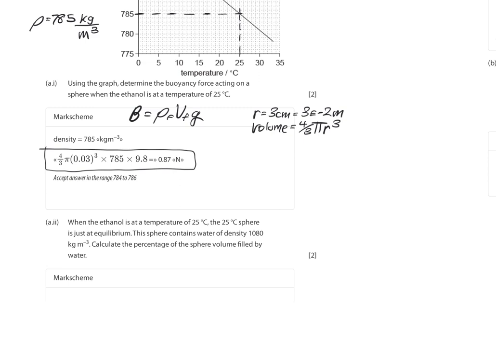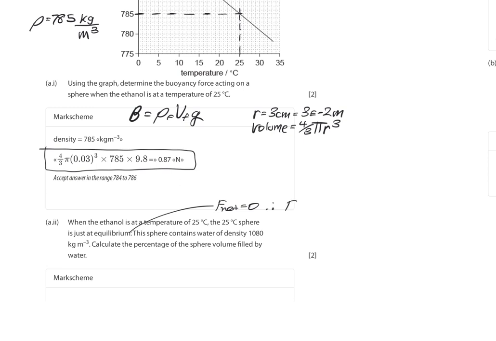A, double I. Ethanol is at 25 degrees Celsius. That sphere is just at equilibrium, so it kind of hovers, neutral buoyancy. The sphere contains water of density 1080 kilograms per cubic meter. So basically at equilibrium, of course, we know that the net force is 0.